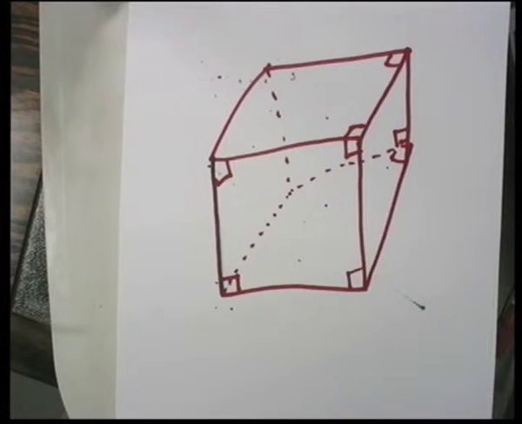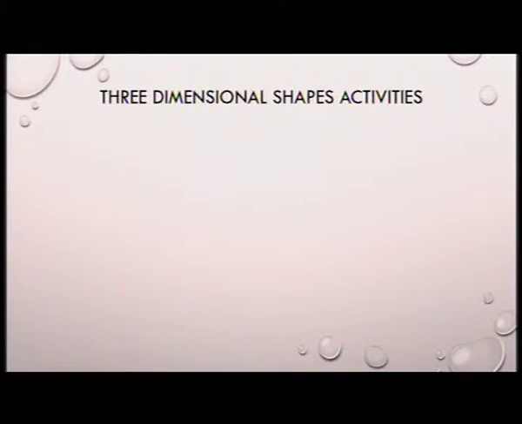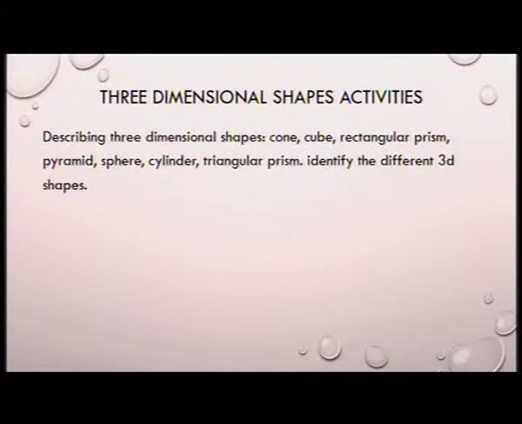Now, 3-dimensional shapes activities. For example, if you want to teach the concept of 3-dimensional, what activities are you going to use? How will you teach these things? So the very first one is describing 3-dimensional shapes like cones, cube, rectangular prism, pyramids, sphere, cylinders, triangular prism, and you identify the different 3D shapes.